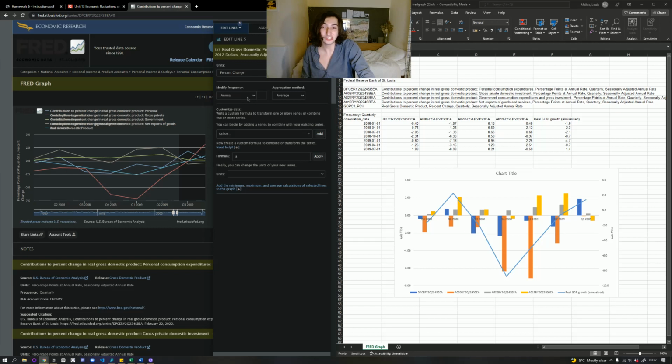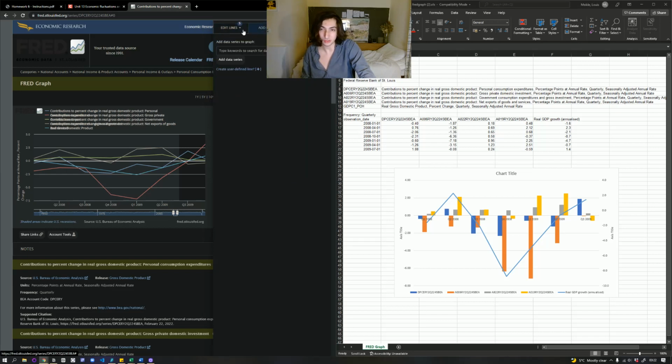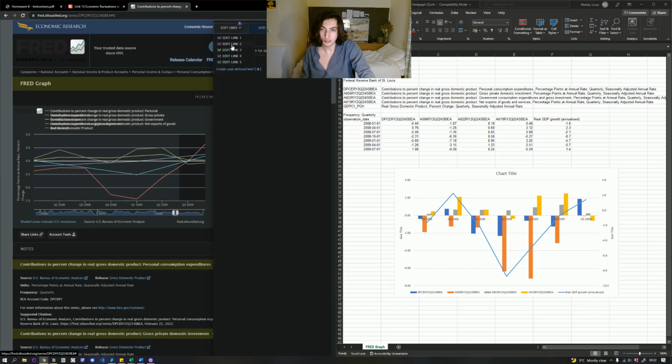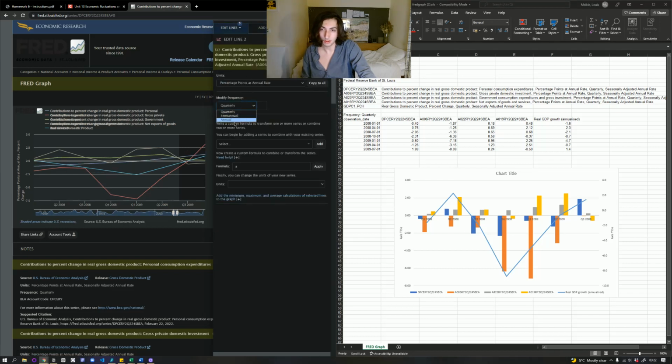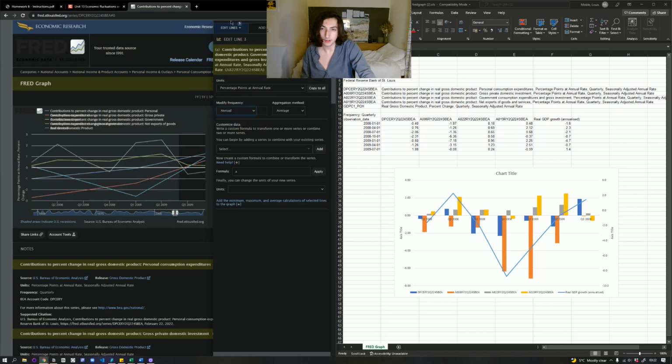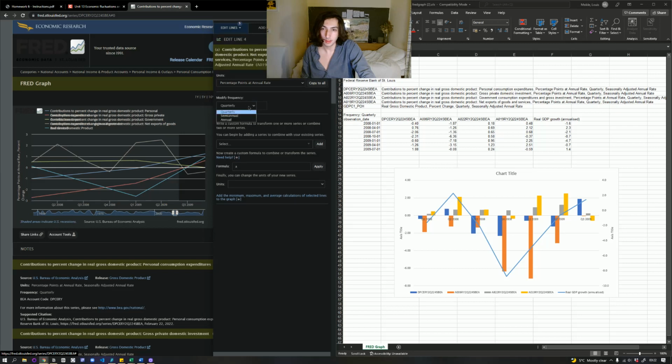Oh, I changed the GDP to annual mode. I think we need to change all of them to annual mode. Annual, annual, annual, and annual. Did that work? Probably, well, I hope so.